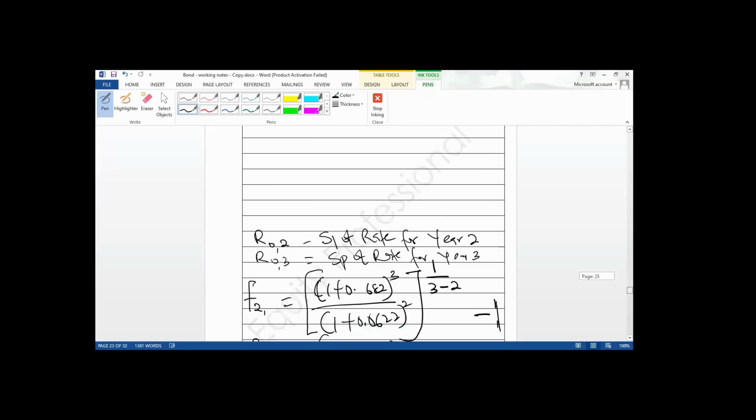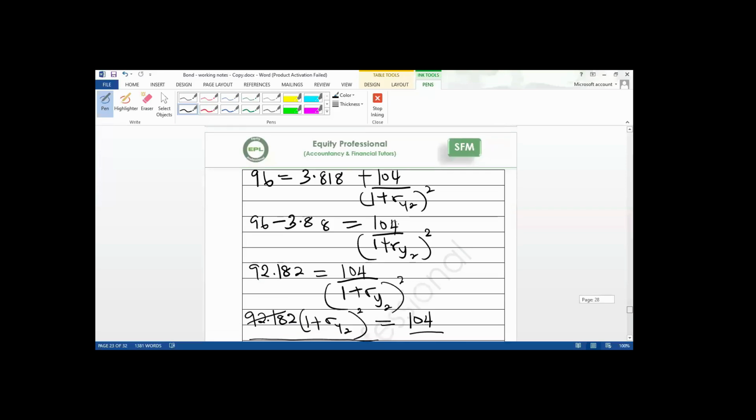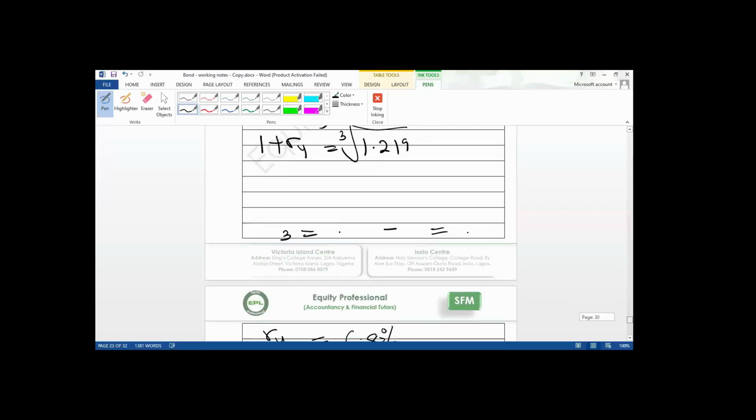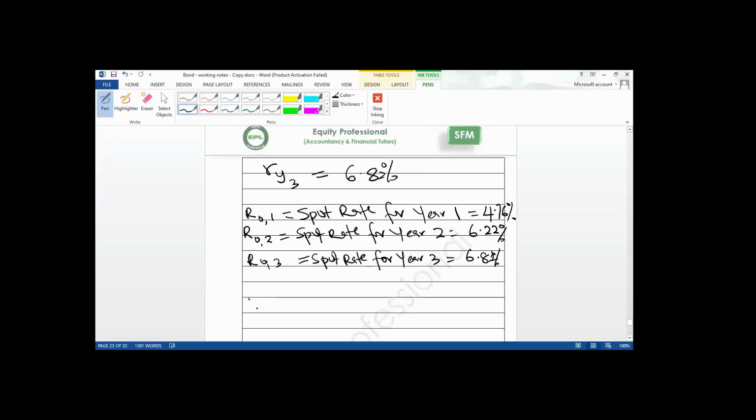Let's go to this quickly. B1, calculate price of a default free bond.